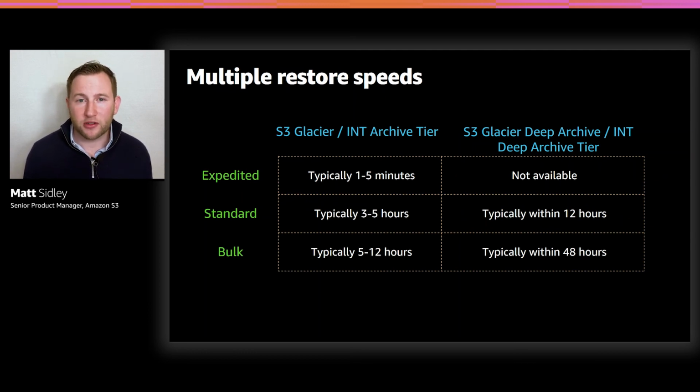With the S3 Glacier storage class or the archive access tier, you can get your data back in as little as a few minutes using an expedited retrieval, or in a few hours if you prefer a bulk retrieval. On the other hand, if you can wait 12 to 48 hours for your data, you can use S3 Glacier Deep Archive or the S3 Intelligent Tiering Deep Archive Access tier to store your data at the lowest price in the cloud at about $1 per terabyte.